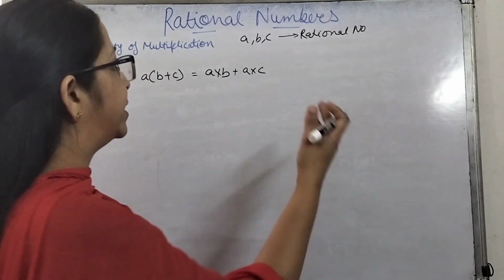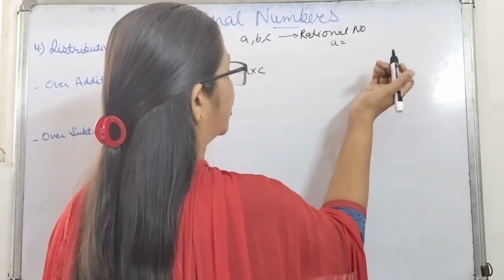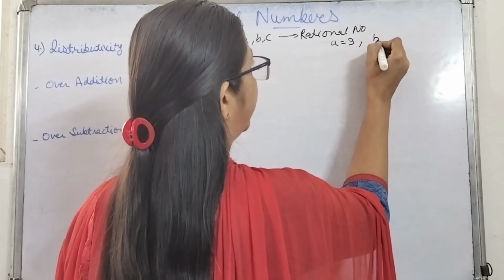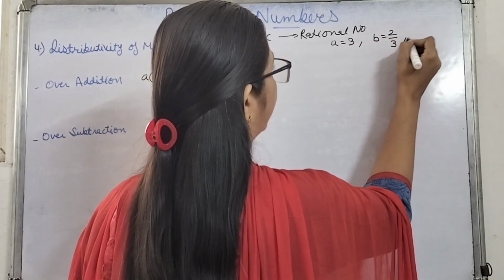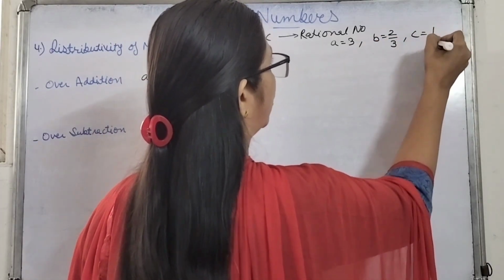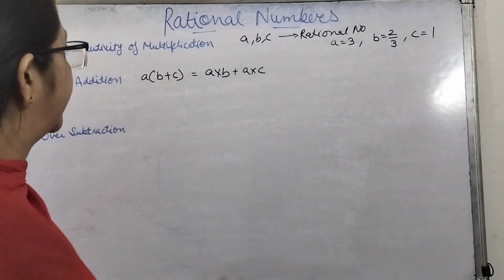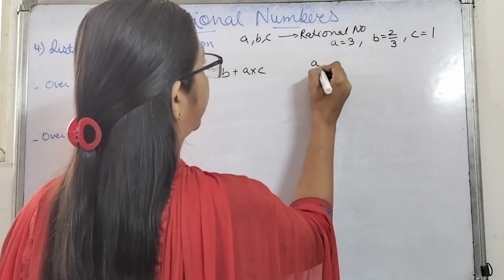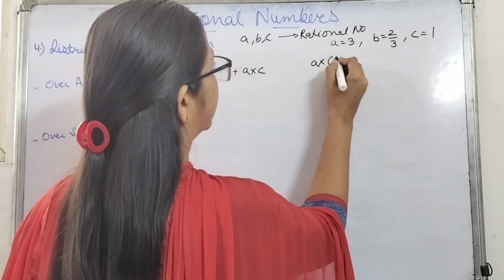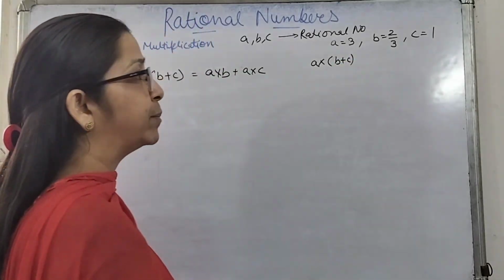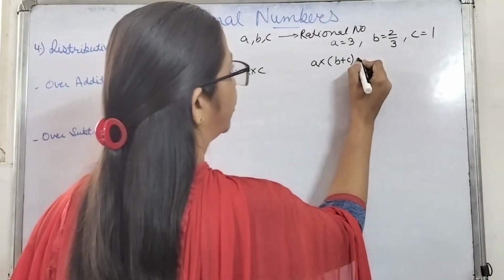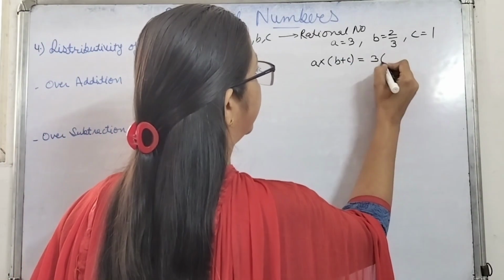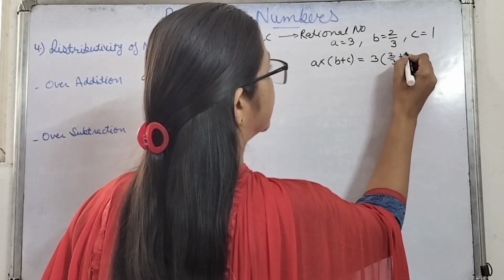Now suppose we are taking the value of A as 3, the value of B as 2 upon 3, and the value of C as 1. In that case, what will the value of A multiplied by B plus C be? It will be 3 multiplied by 2 upon 3 plus 1.